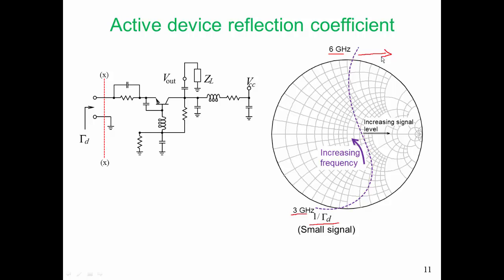And for good oscillation performance, we want to control the movement of that curve. So one of the characteristics we want is that BD does not change with respect to amplitude. That means we must follow a line of constant susceptance, and a line of constant susceptance looks like this. And here's another line of constant susceptance.